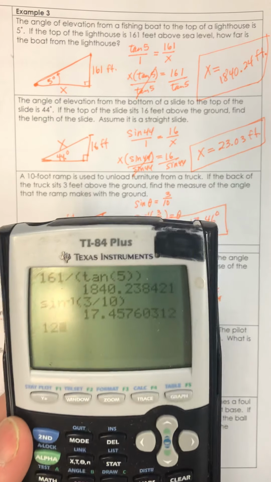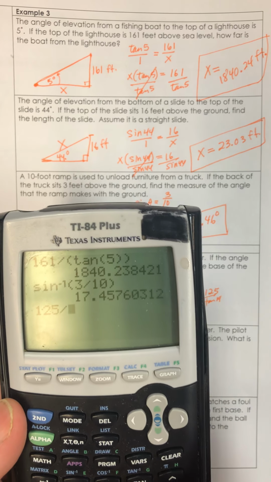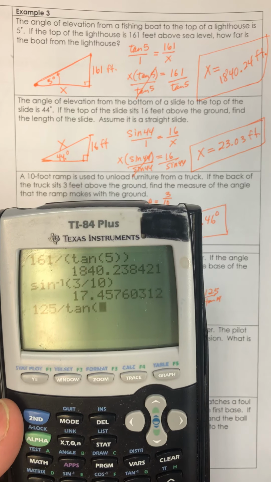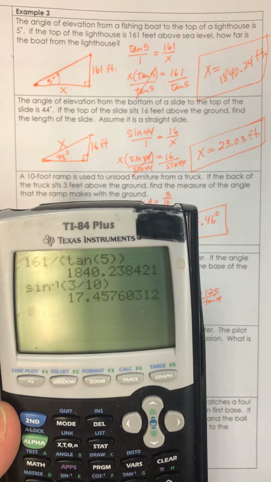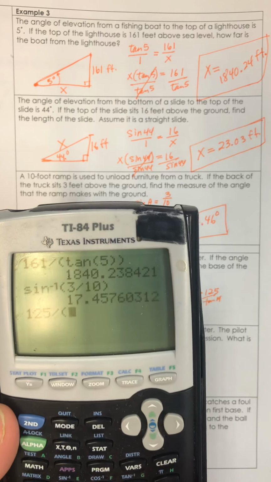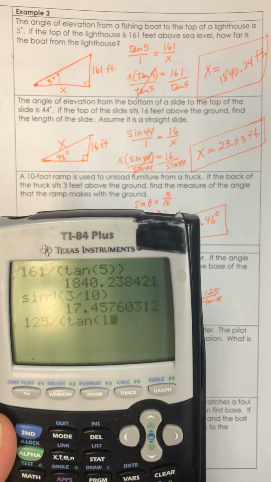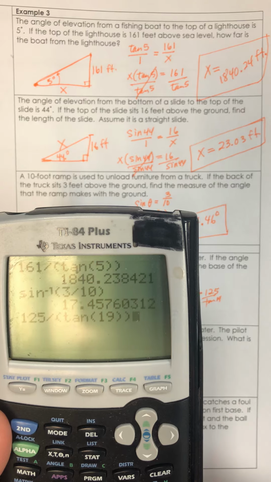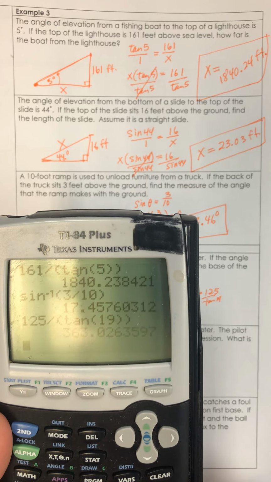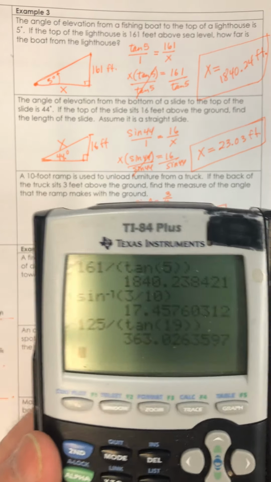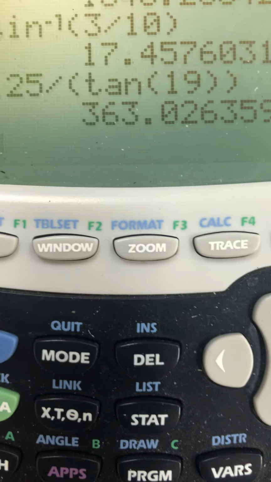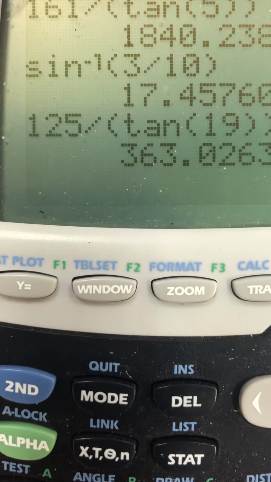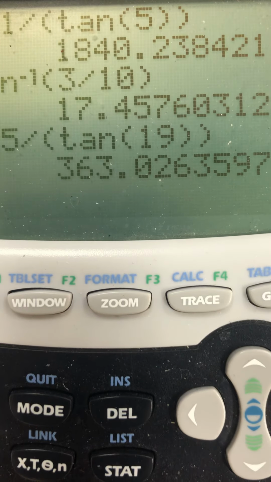So 125 divided by the tangent of 19. I'll type 125 divided by parenthesis tangent 19, close parenthesis, enter. 363, I don't know if you can see that on your calculator: 363.03.